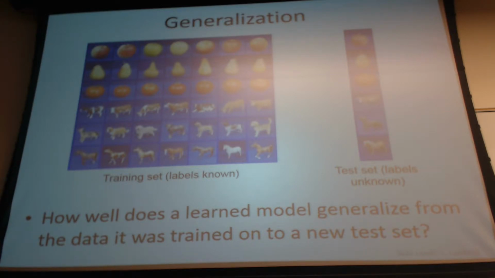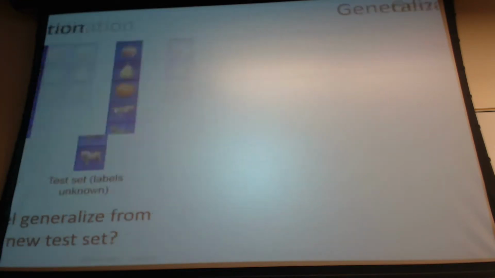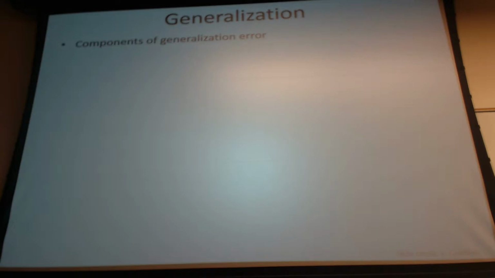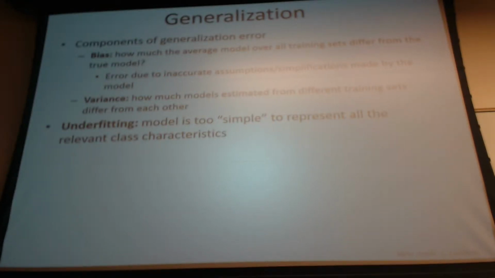In addition to that, there are other errors also. So we'll see what the components of generalization error are. The components of generalization error are the following: bias and variance. The bias and variance have some relation to true positive, true negative, false positive, false negatives.